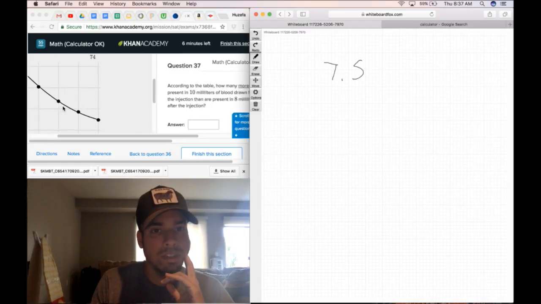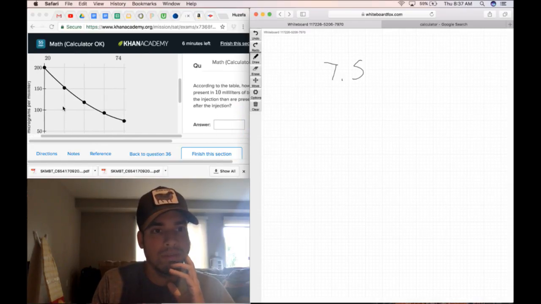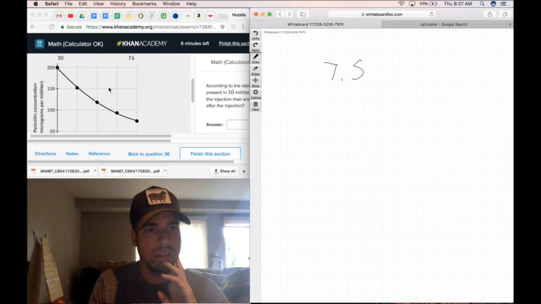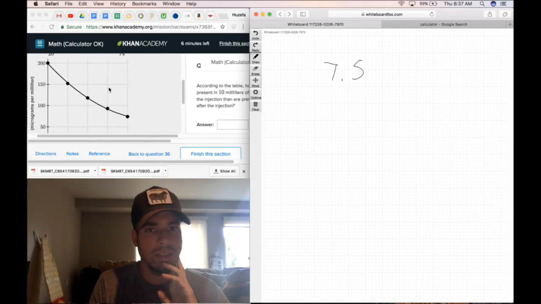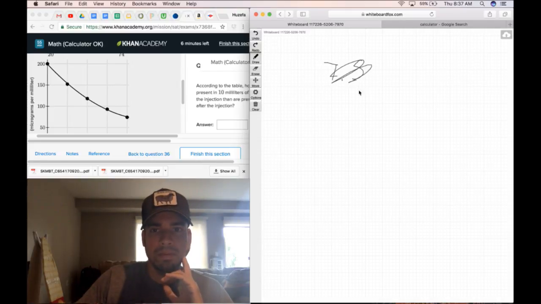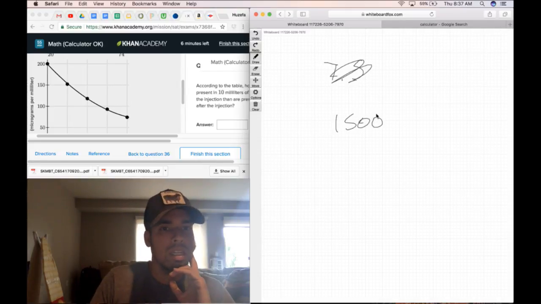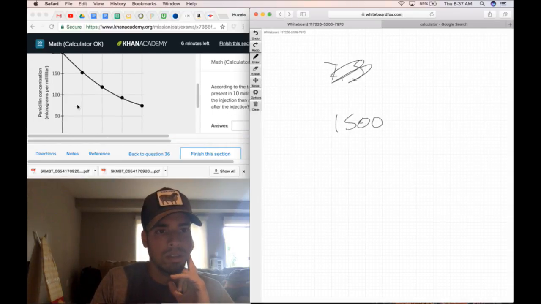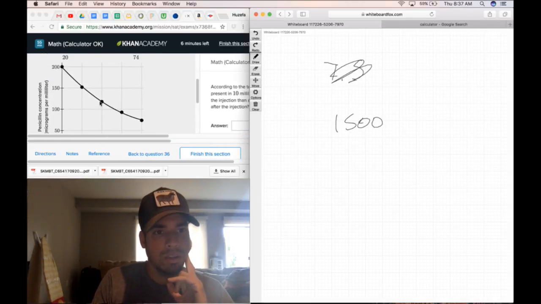Micrograms per milliliter. So at 5 minutes, we've got 150 times 10, so we got 1,500. And in the other one, we have 10 minutes, so we got 120.